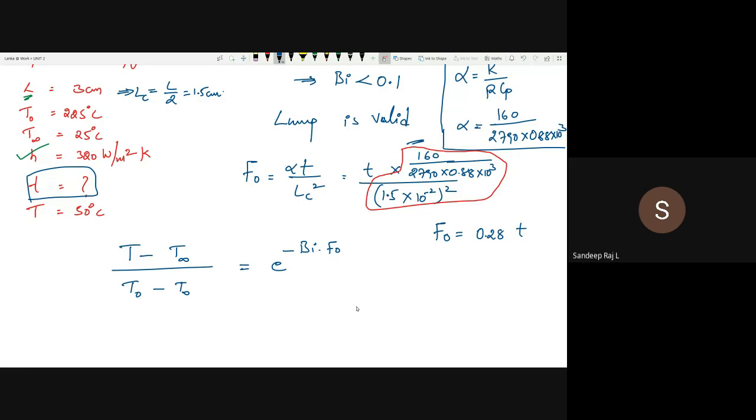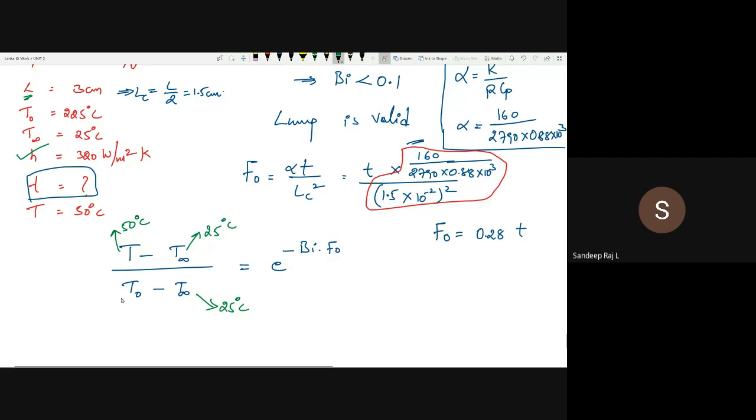Okay, so now you move on to the T. The T value is given as 50 degrees centigrade. And T infinity value is also given, it is 25 degrees centigrade.